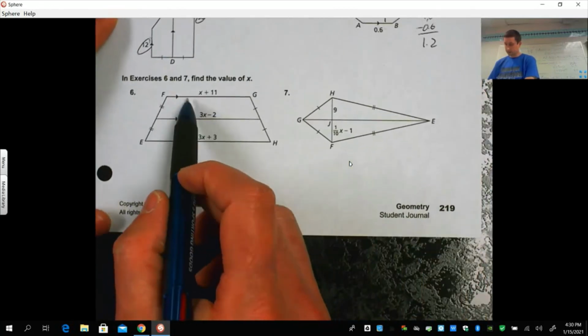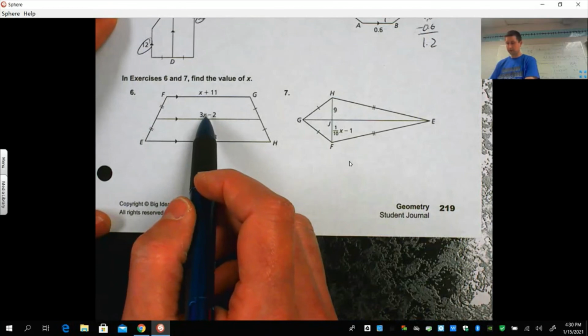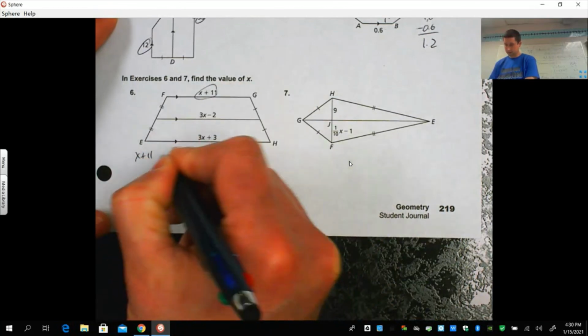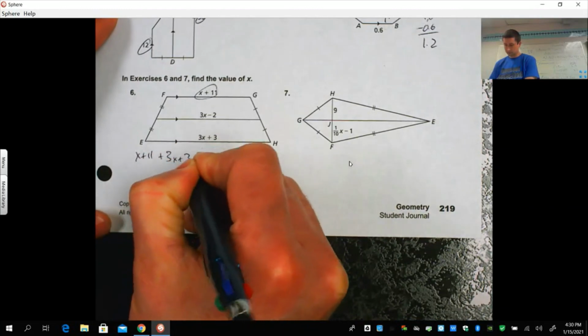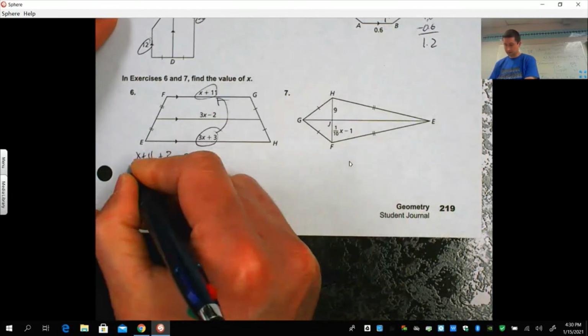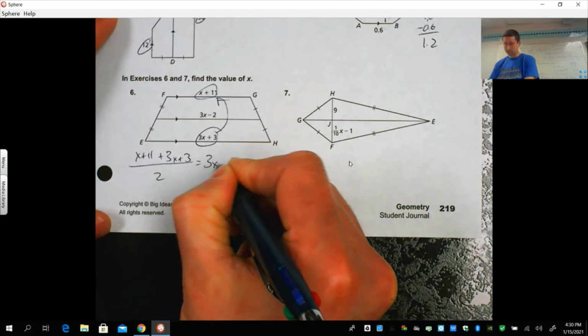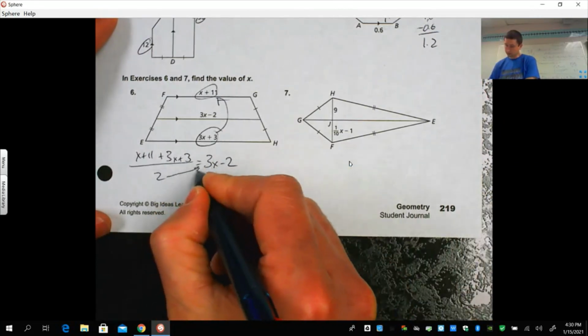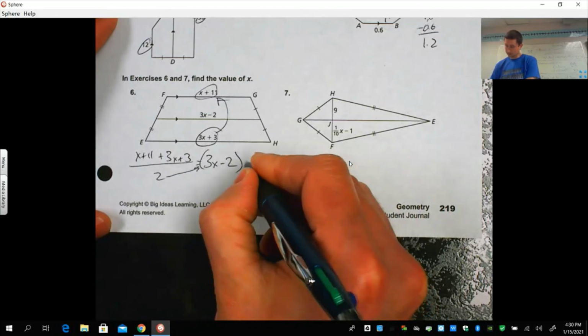When we have variables all over like this, now we have to use a formula. This, x plus 11, plus 3x plus 3, we're going to put those together, divided by 2 has to equal 3x minus 2. Now the first thing we do here is this 2 multiplies to this side. So we're going to take both of those times 2.